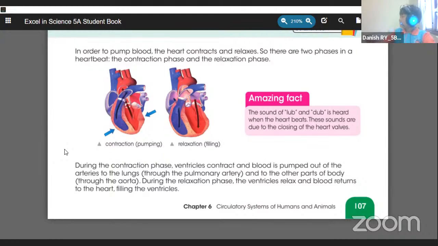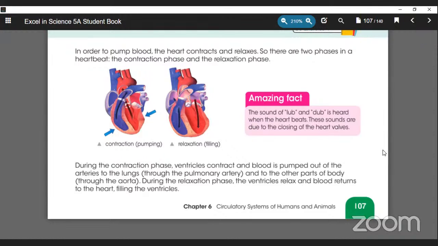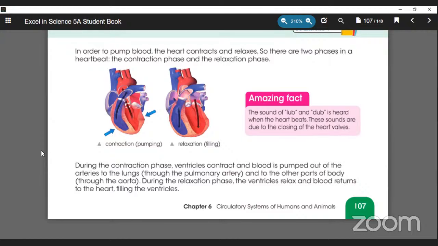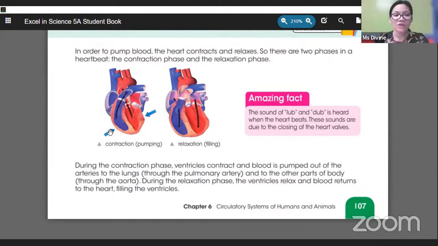During the contraction phase, the ventricles contract and the blood is pumped out through the arteries to the lungs through the pulmonary artery, and to the other parts of the body through the aorta. While during the relaxation phase, the ventricles relax and the blood returns to the heart, filling the ventricles. So if our heart is in the contraction phase, the ventricle is contracted and it pumps out blood.